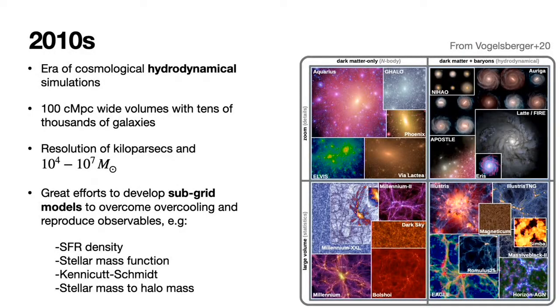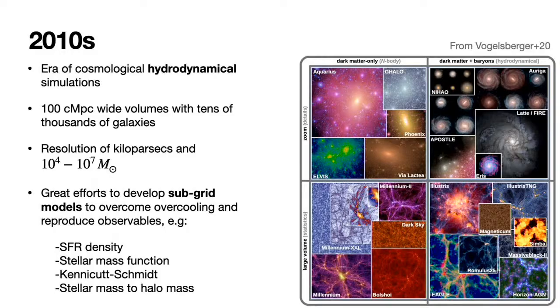And then in the 2010s, it was kind of the era of cosmological hydrodynamical simulations. There were many cosmological simulation projects that you can see listed here, which had large volumes, typically something like 100 comoving megaparsec wide.